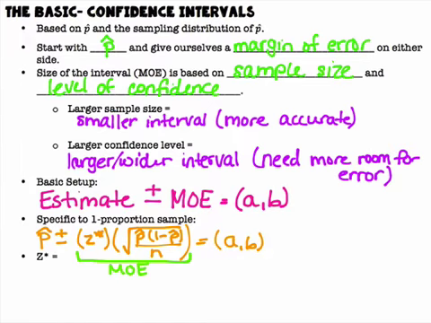Z star times the square root of p hat times 1 minus p hat over n is the standard error. That together makes your margin of error. Z star is the critical value, and we'll talk more about that in future slides. Okay?